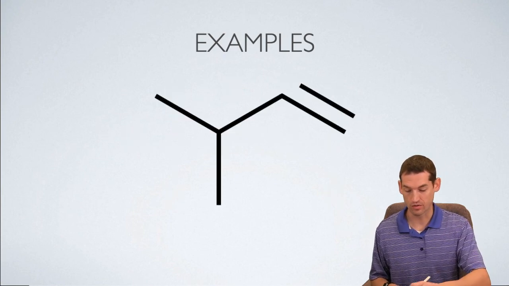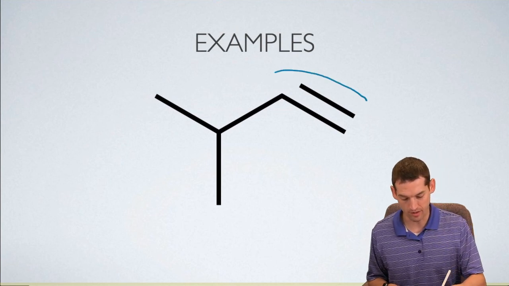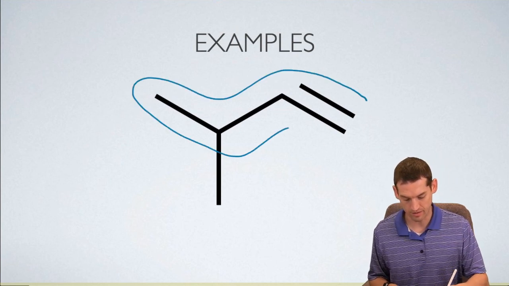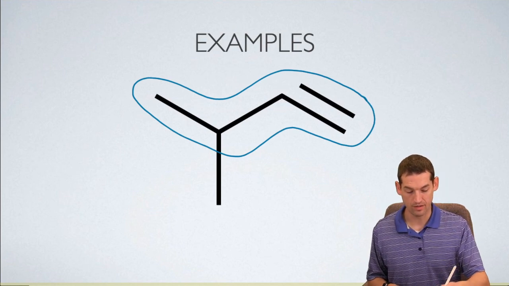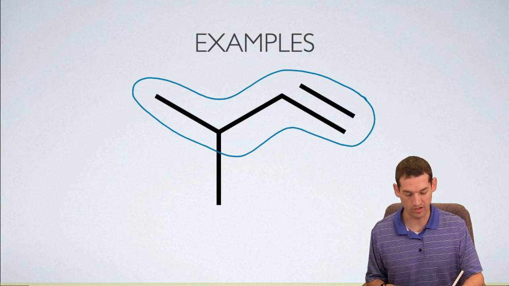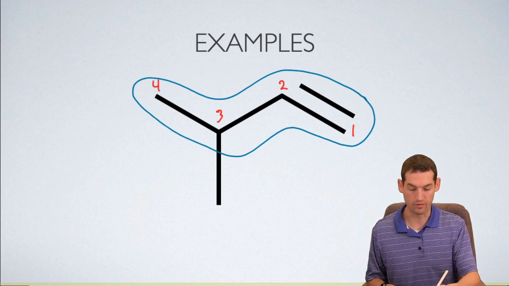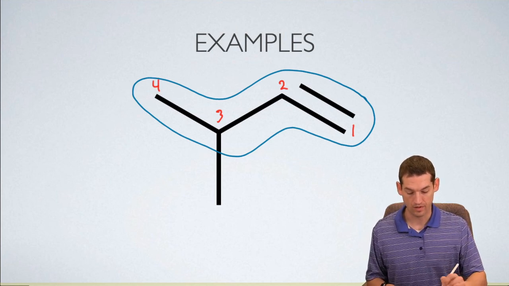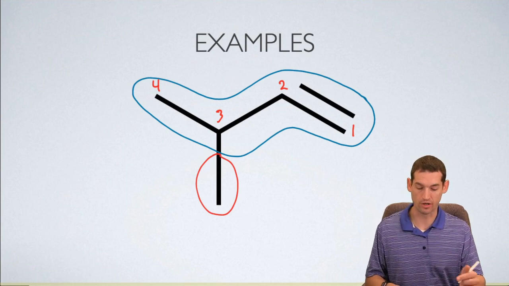Now let's look at what happens when we have an alkene parent with some branching. All right, so here we go with a 4-carbon parent and a branch. Now, because the functional group is most important, I'm going to number this carbon 1, 2, 3, and 4. So that branch, that single carbon branch, is on carbon 3.